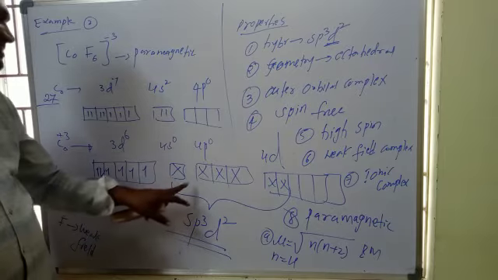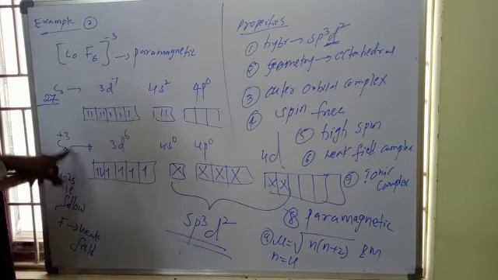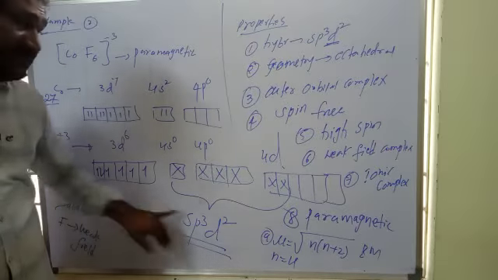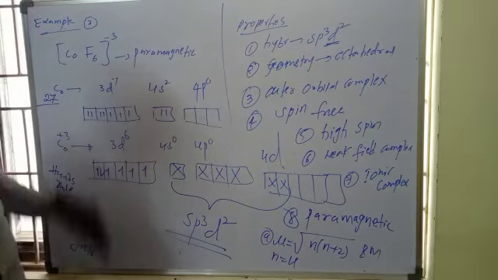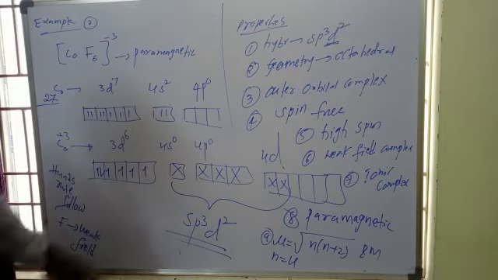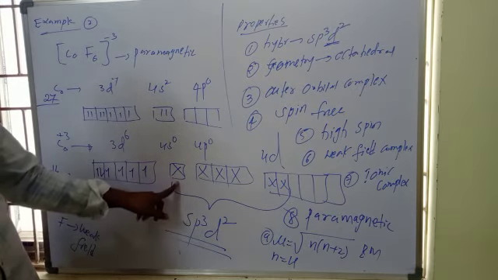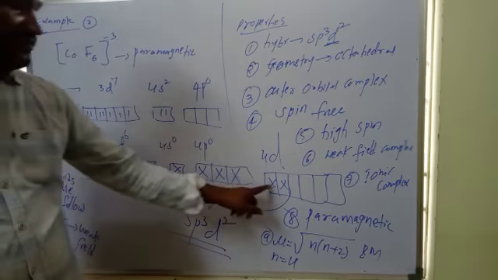Next 4s0 4p0. In this complex the coordination number is 6, so we require 6 vacant orbitals of the central metal. There is no vacancy in 3d, so orbitals from the outer shell are involved: 1, 2, 3, 4, 5, 6.